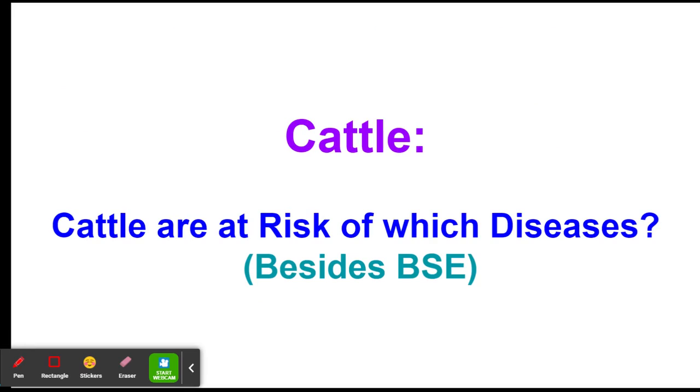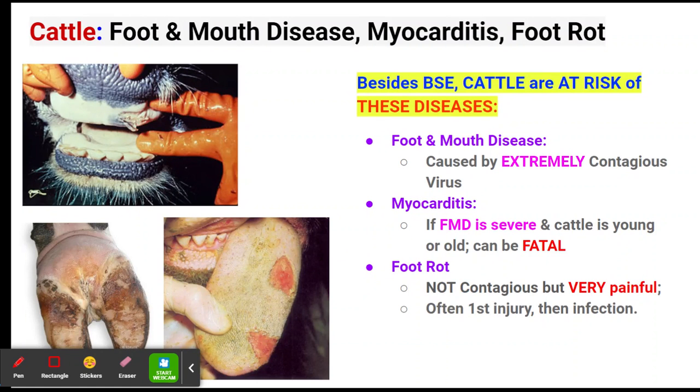Cattle are at risk of which diseases besides BSE? Cattle are at risk of diseases such as foot and mouth disease, myocarditis, and foot rot.